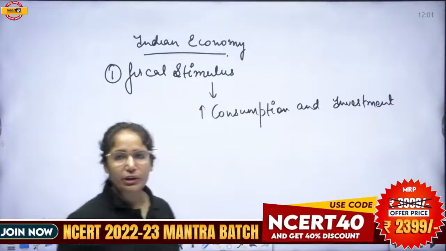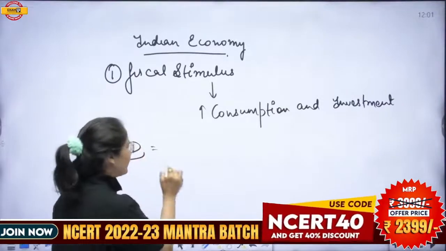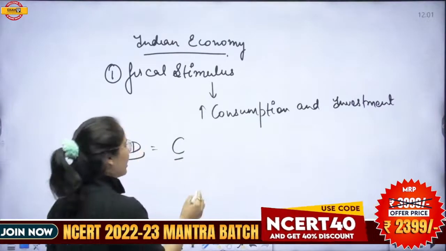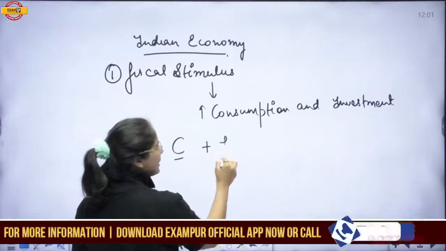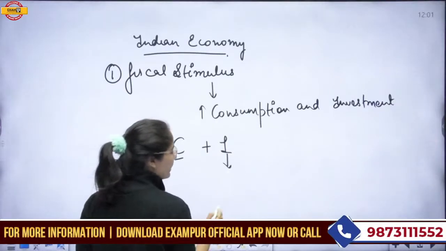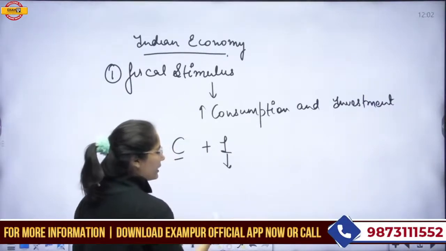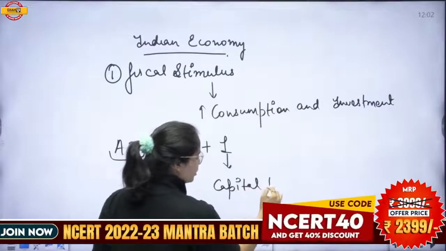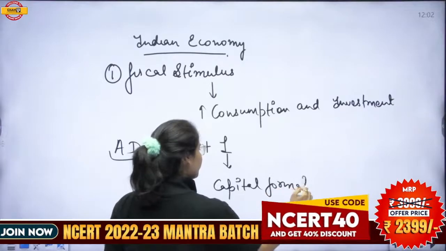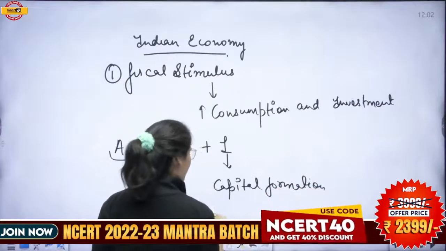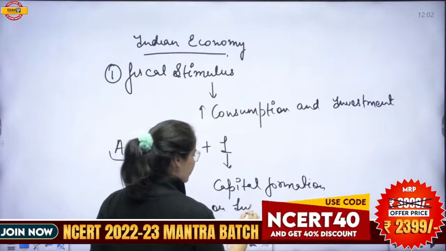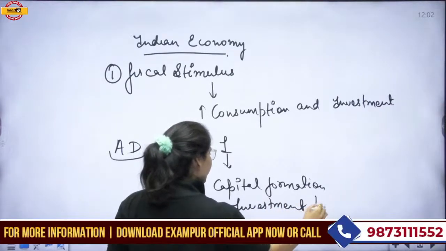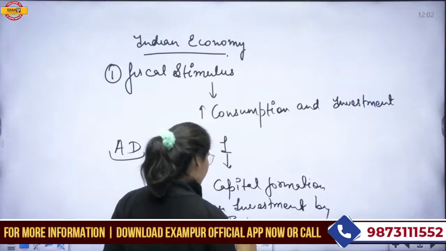From the individual point of view, we have to make spending. We are creating demand by making consumption on that behalf. Plus investment, on the part of final consumption, final investment, capital formation, the investment by private investors.